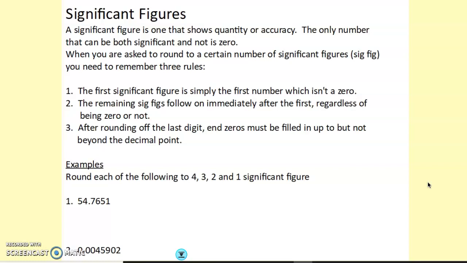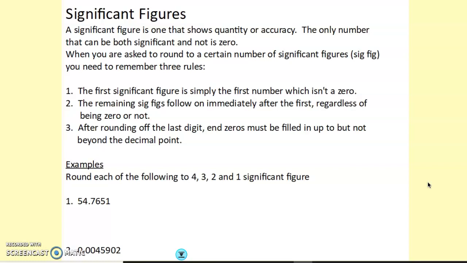Okay. When we're asked to round to a certain amount of significant figures, there are 3 rules that we need to try and remember. First thing is, the first digit of any number that is significant is simply the first non-zero number.